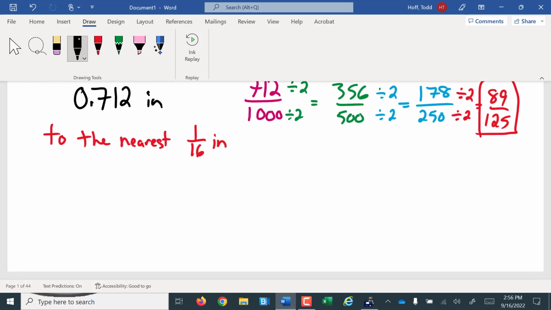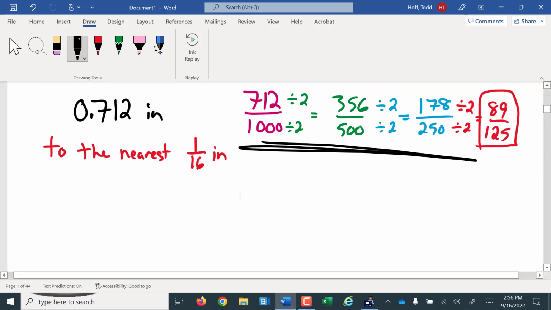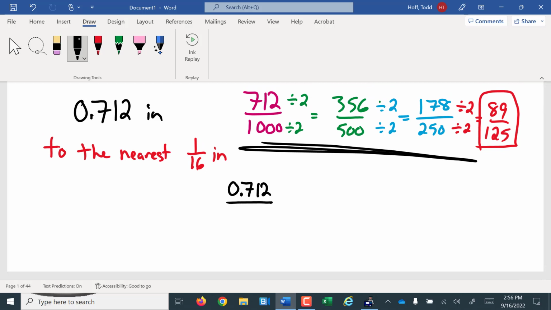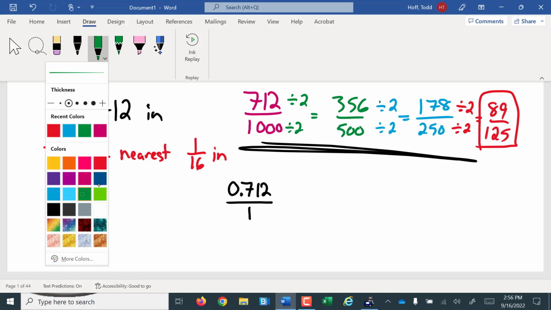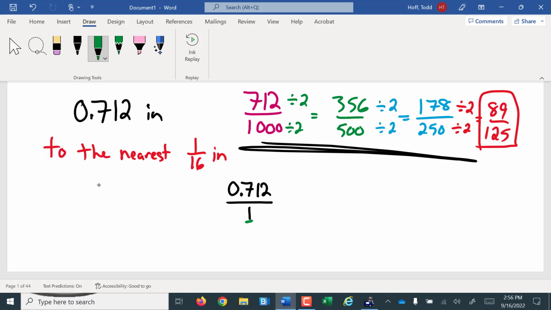Well, if that's the case, what we're going to do is a totally different process than what we did here. We're going to start with the 0.712, and we're going to leave the decimal point in it. And we're going to make it into a fraction the simplest way that we can make a fraction. That's by putting it over 1.